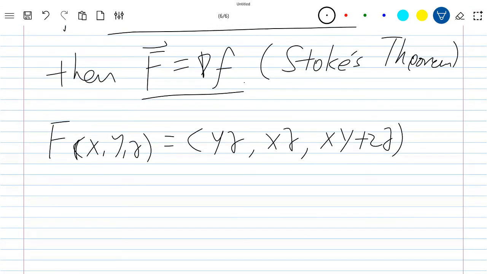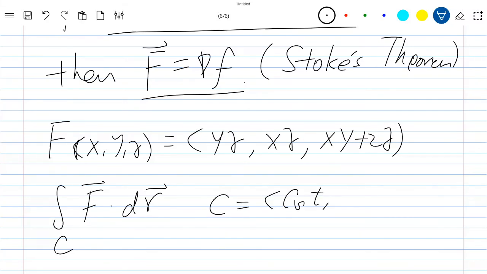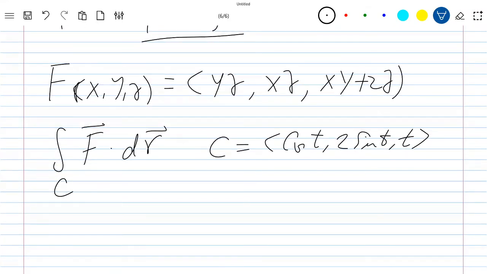I want to integrate this field along a path that is defined to be C equals (cosine t, 2 sine t, t), where t goes from 0 to pi.